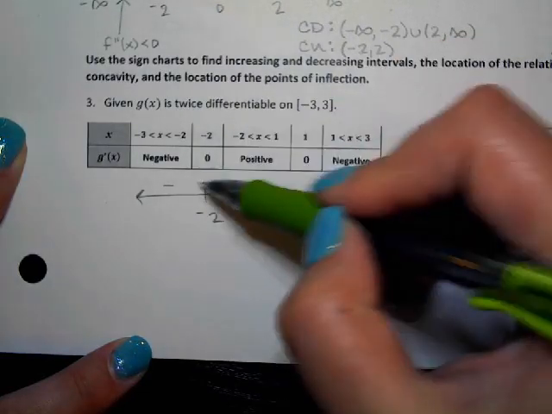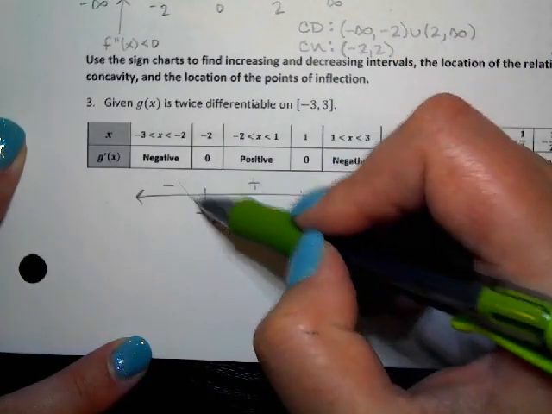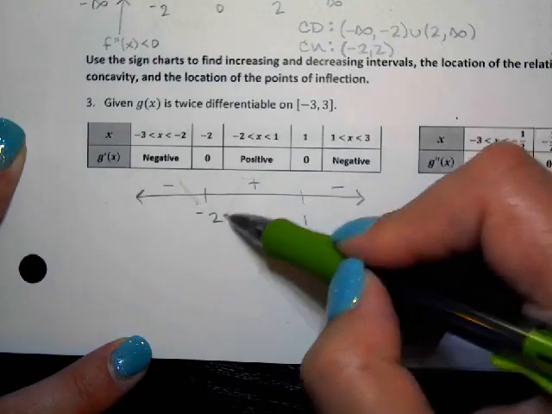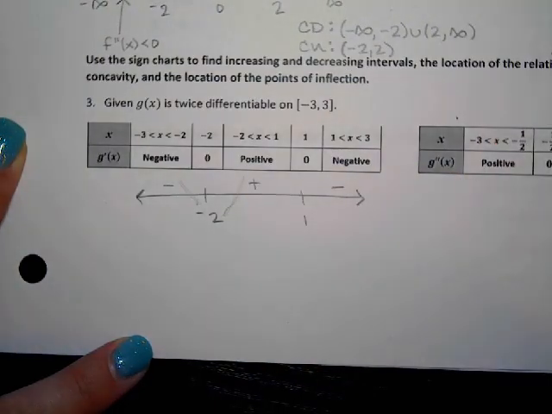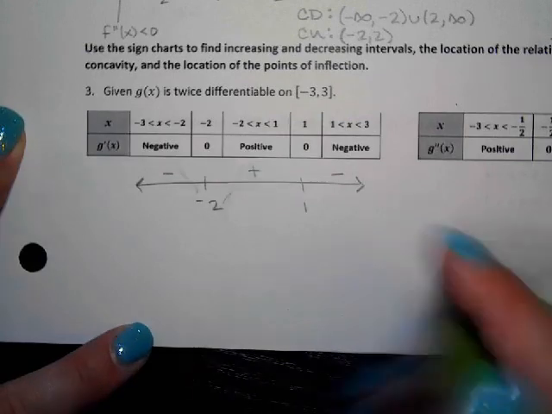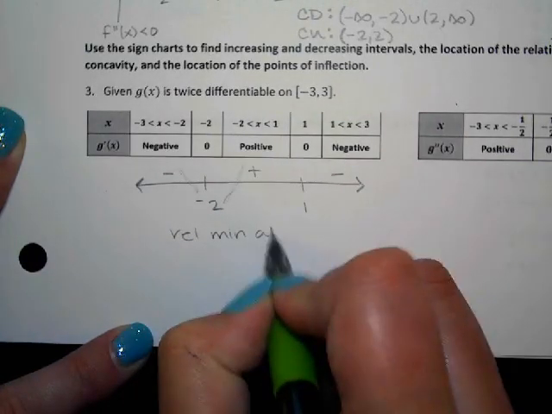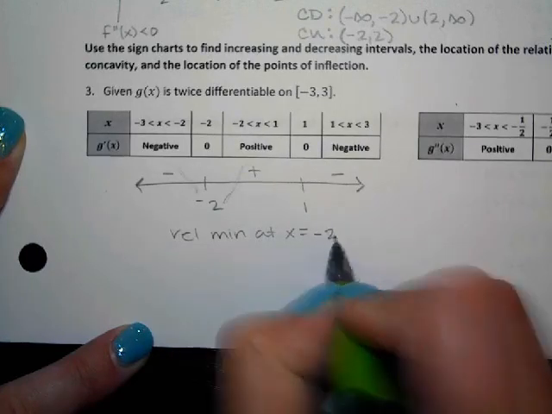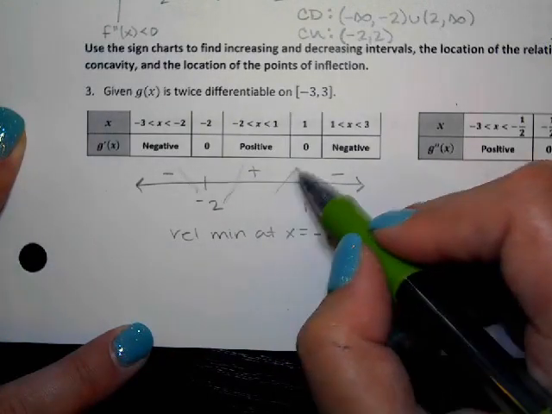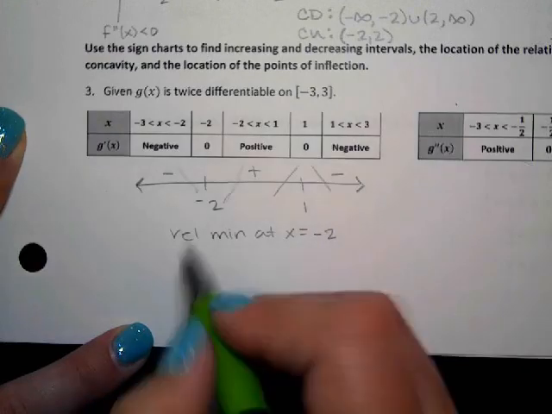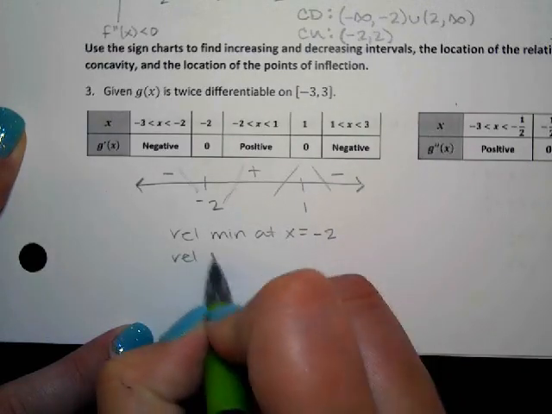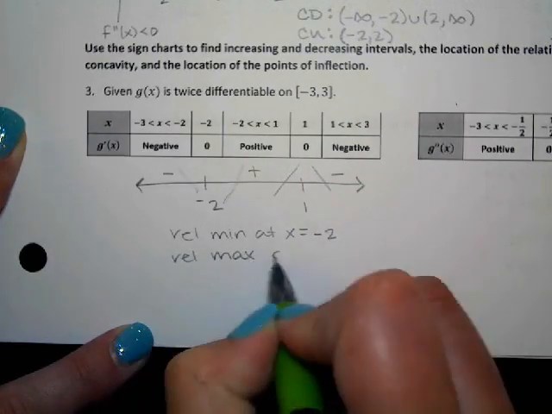So what do I see about my first derivative? Relative min at x equals negative 2, okay, and then what else do I see? Relative max at x equals 1, okay.